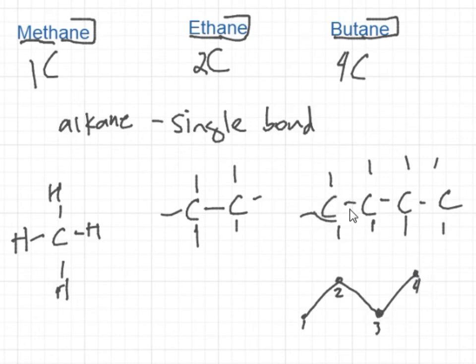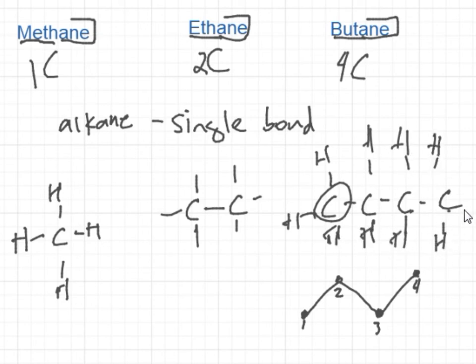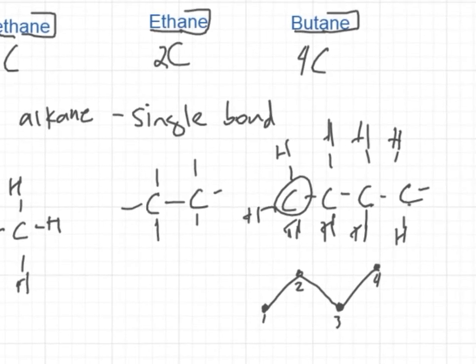This carbon atom is placed here, the second one is here, the third is here, and the fourth one is obviously here. Now the hydrogens are bonded to each of the carbon atoms.